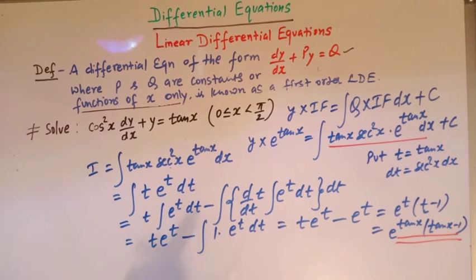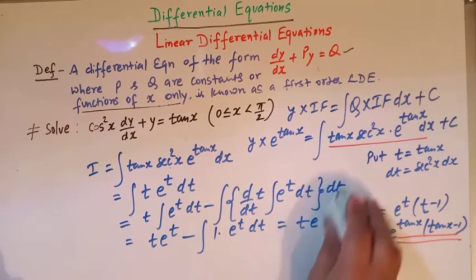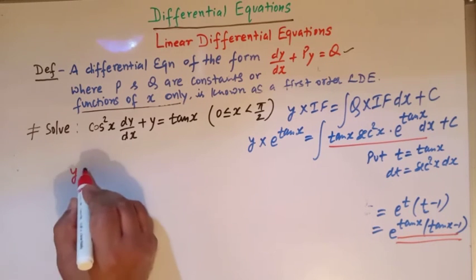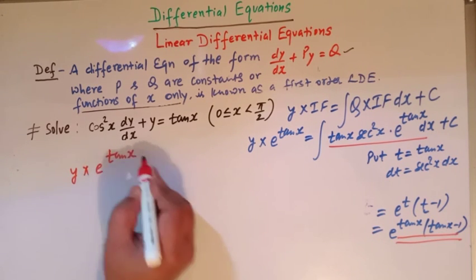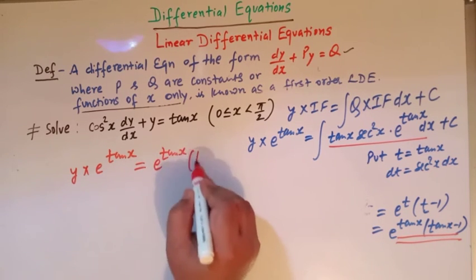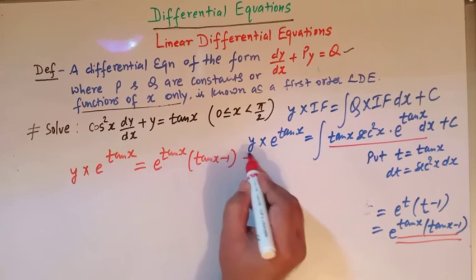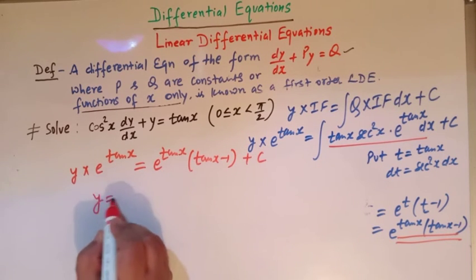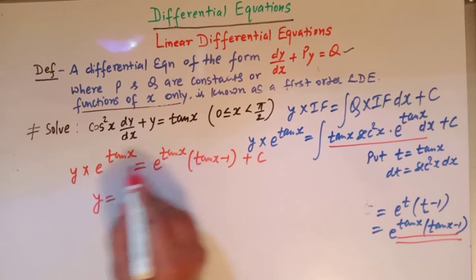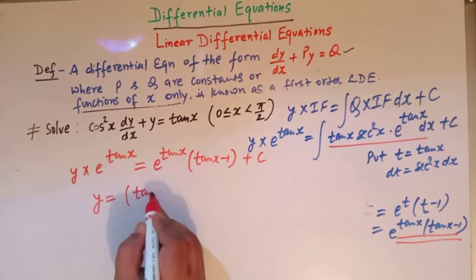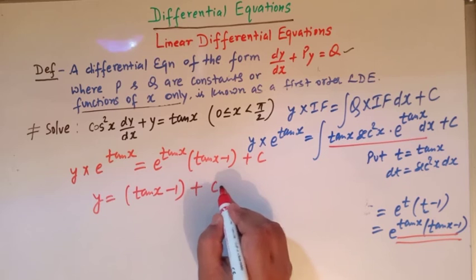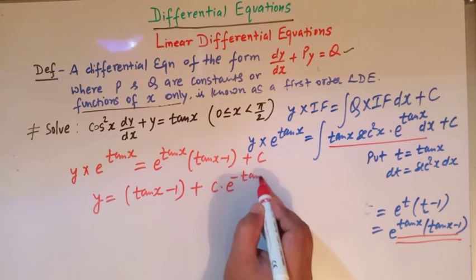Clear? So substituting this value here, we have the final solution as y times e raised to tan x is equal to e raised to tan x times (tan x minus 1) plus c. Now this can be further written as, if we divide both sides by e raised to tan x, so this gets cancelled here, y is equal to tan x minus 1 plus c times e raised to minus tan x.